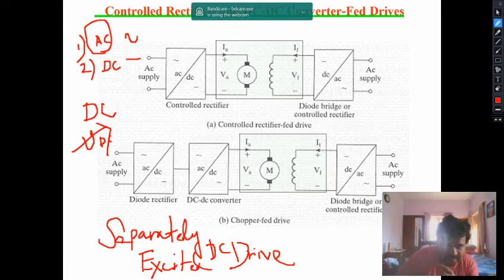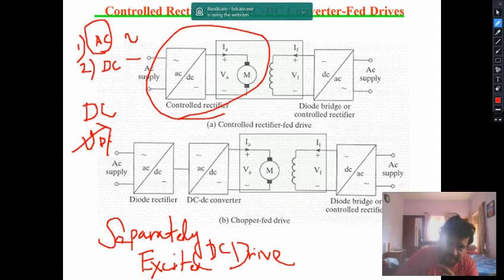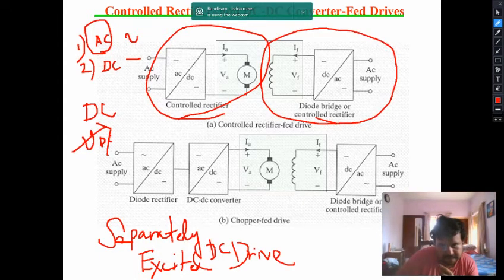Why separately excited? Because the armature circuit is different and the field circuit is different.